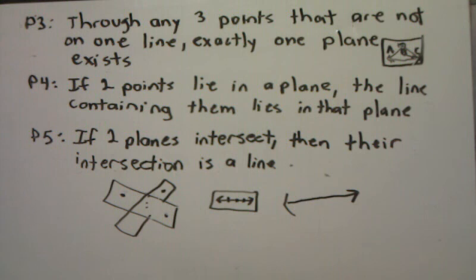Postulate 2, through any 2 different points, exactly one line exists. Postulate 3, through any 3 points that are not in one line, exactly one plane exists. So it's going to be postulate 3.